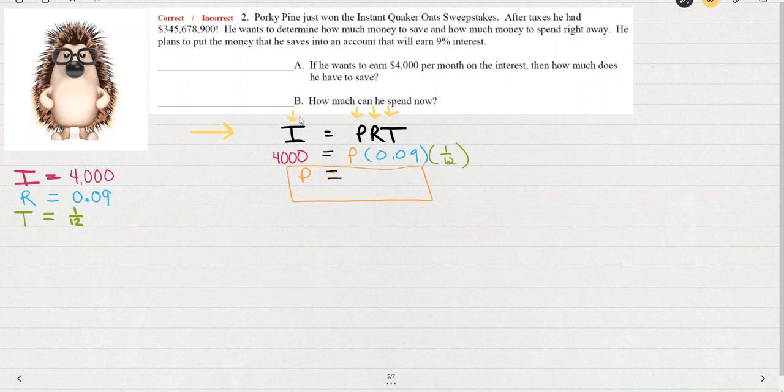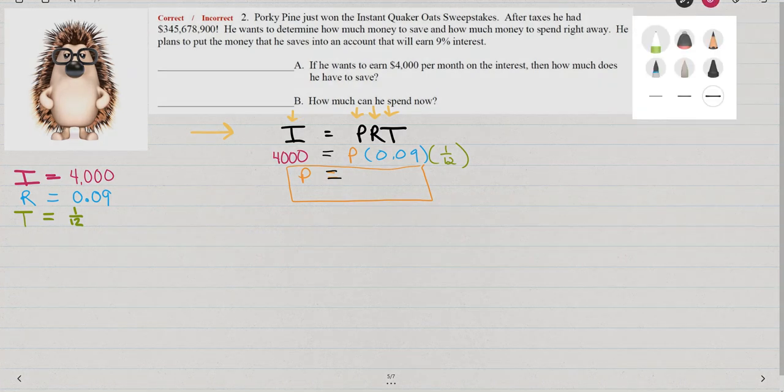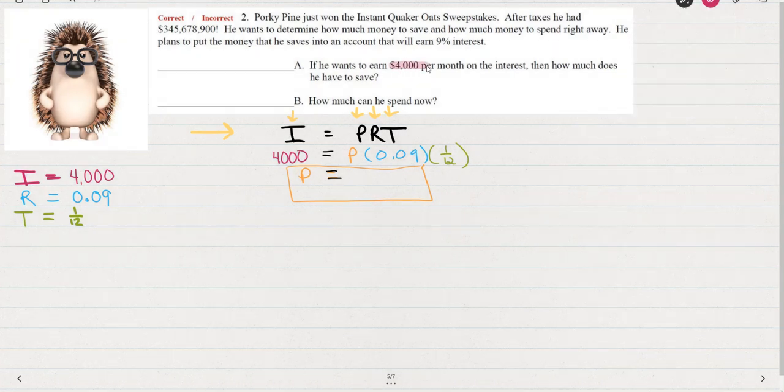So the interest amount, that's the 4,000, is equal to principal times rate times time. What we know from this problem is that our interest amount is the $4,000 a month.